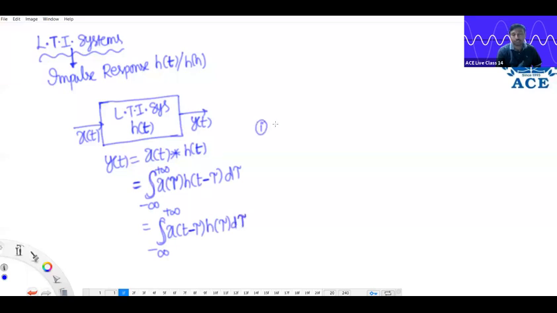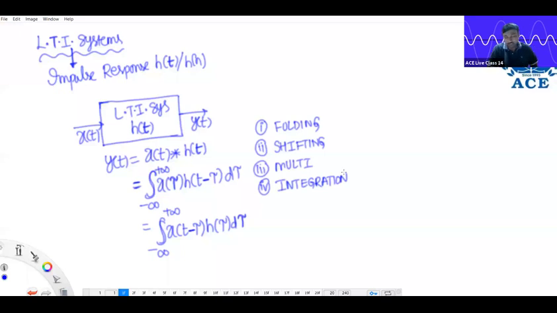What is the procedure we followed, sir? First step, folding. Second one is shifting. Third one is multiplication. Last step is integration. Find the area under overlap of two signals. One of the signals remains the same, the other signal is folded and shifted.